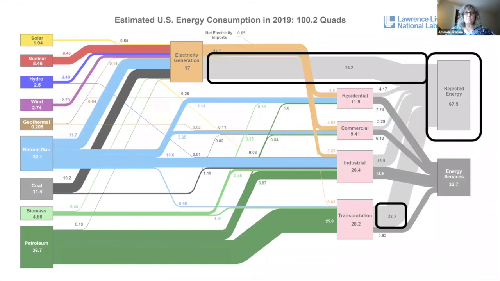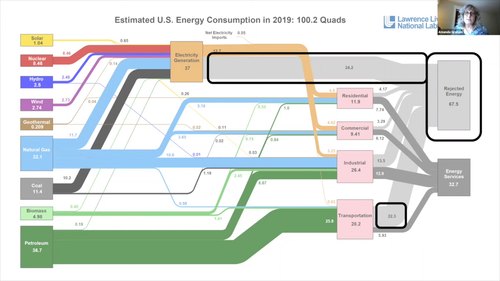And here, back to the big picture again with our Sankey diagram, what that translates into is a tremendous amount of wasted energy that is not deployed for providing us the energy services that we need. And on the Sankey diagram, we recognize that as rejected energy. So what you'll see here is that fully two-thirds of the energy that we use in this country ends up being wasted, because only about 32.7 or 33% of it is actually going towards energy services and energy uses.